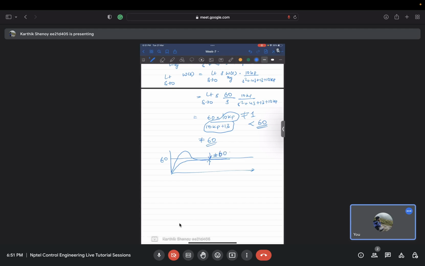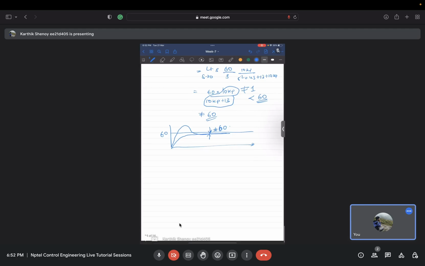So I'll have to add an integrator. I'll add an integrator to the system, kp plus ki by s. So my forward transfer function will be kp plus ki by s into 10 by s square plus 4s plus 13.